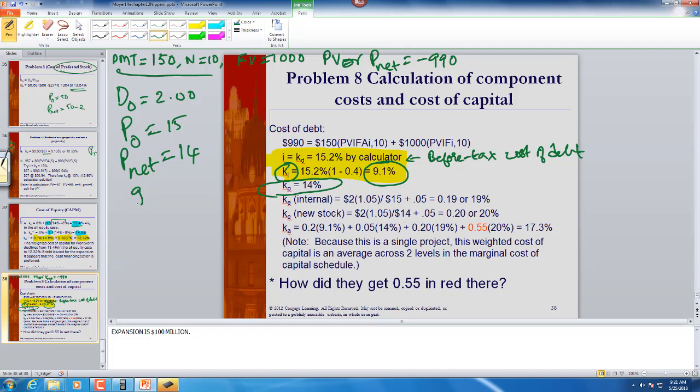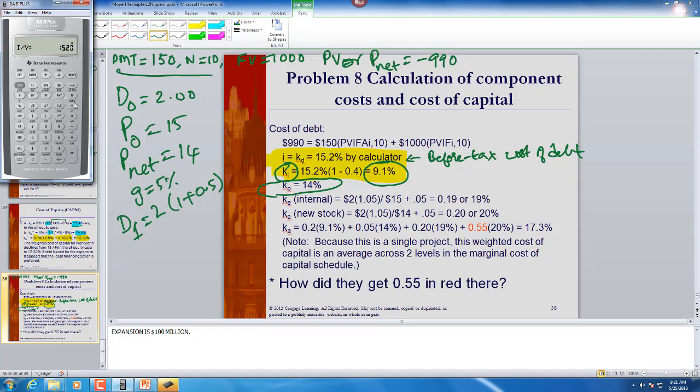So g is 5%. So D1 will be D0 multiplied by 1 plus g, which is what? 2 multiplied by 1.05. I think it's 2.1.